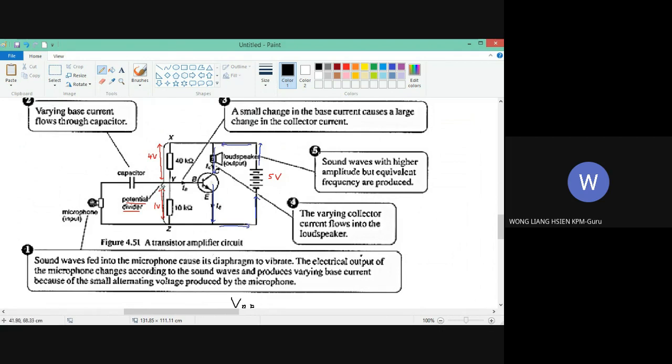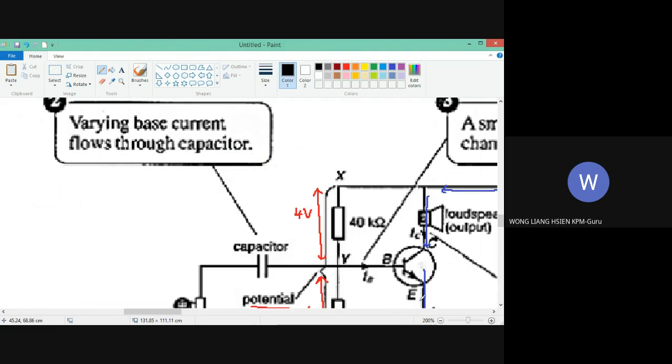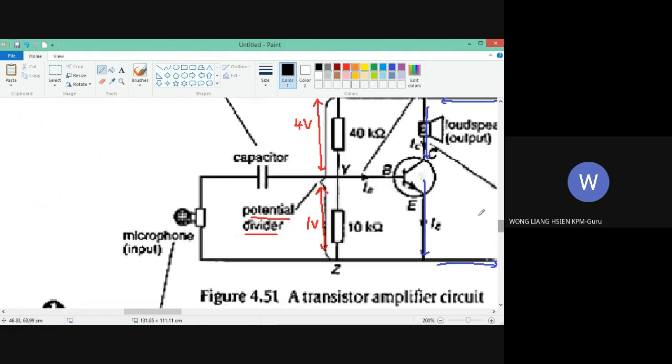Now you see over here, it is connected to this point and this point, and these points are connected to the microphone.